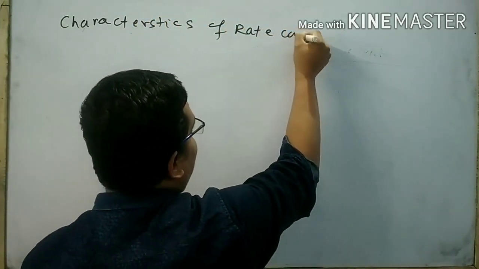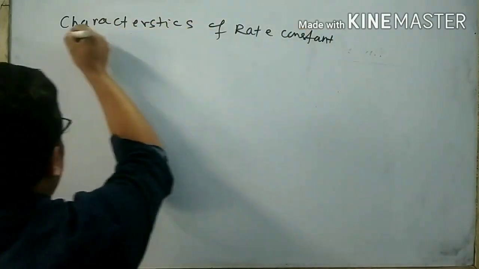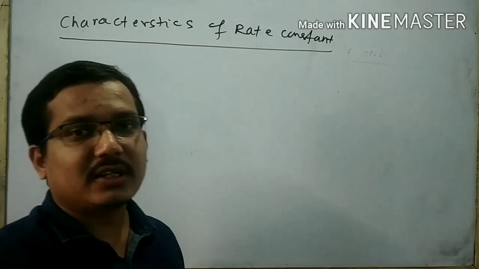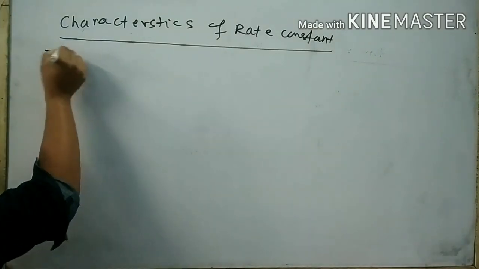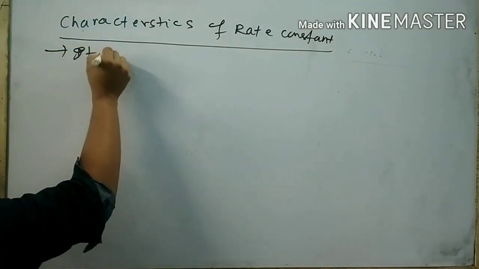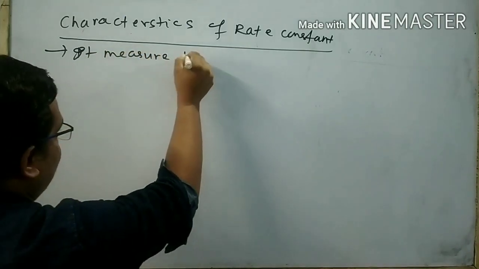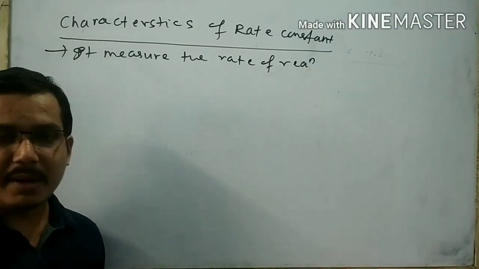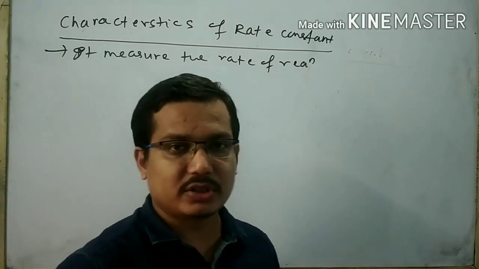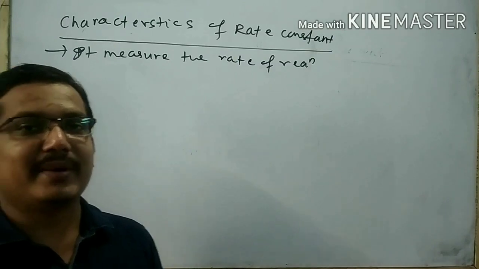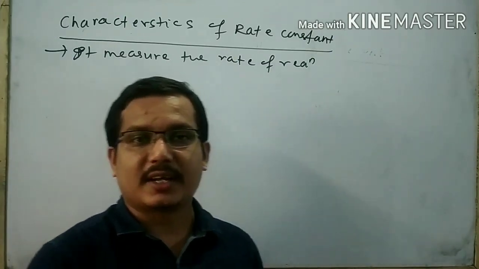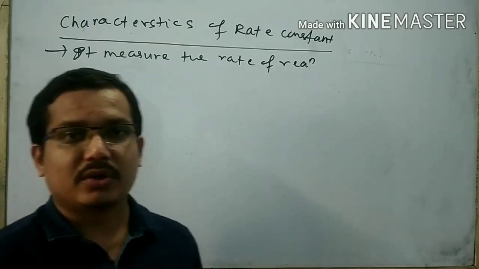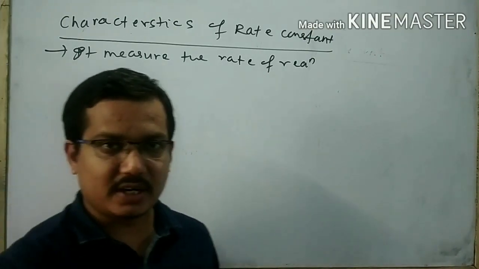Next I will explain the characteristics of rate constant. With the help of rate constant, we can measure the rate of reaction. So the first point is, it measures the rate of reaction. From the rate constant, we can decide whether a reaction is fast or slow. If the value of K is more, then the reaction proceeds faster.